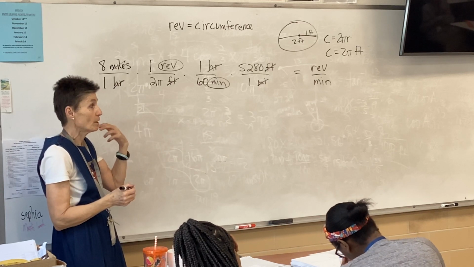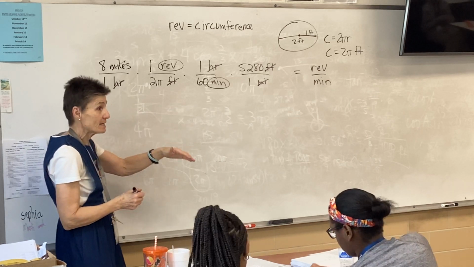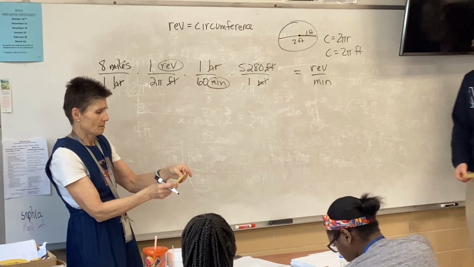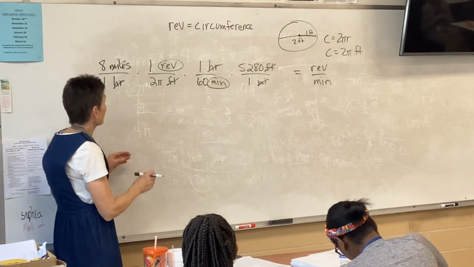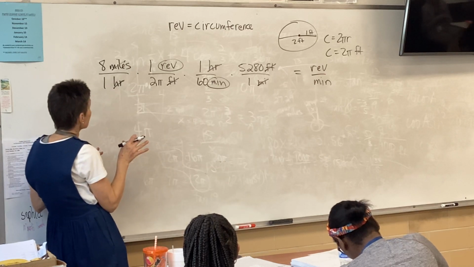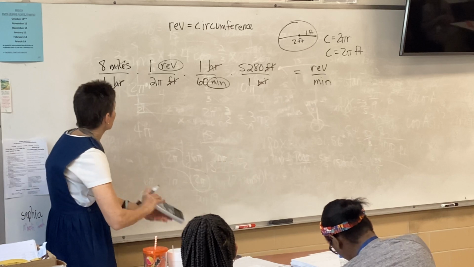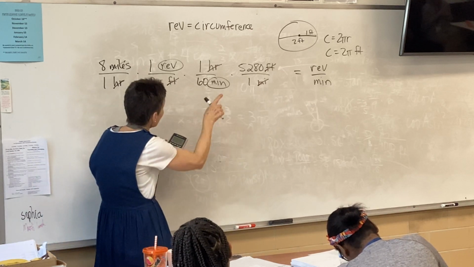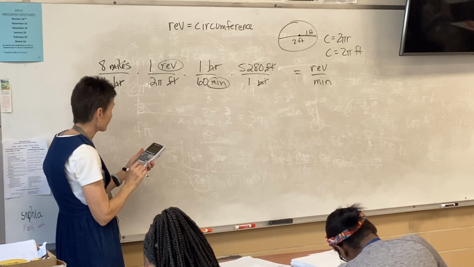So now the miles will cancel, the feet will cancel, and the only units I have left are revolutions per minute. So then I type all that in on my calculator, being very careful about the division part. So let's practice this. I'm gonna take 8 times 5,280.